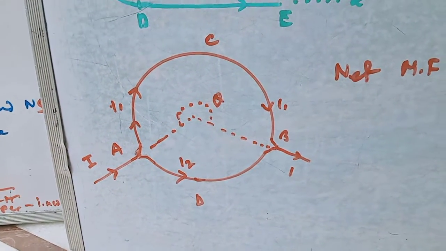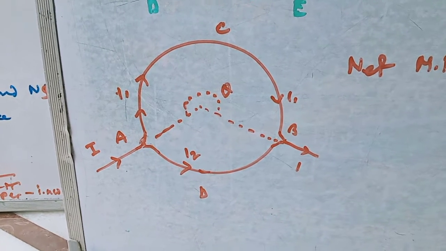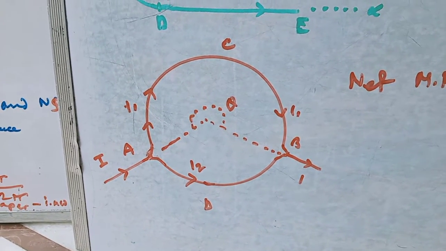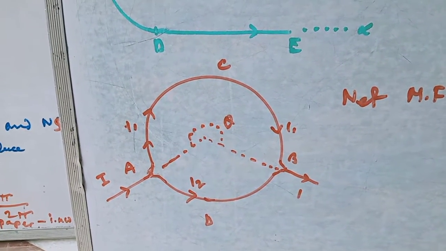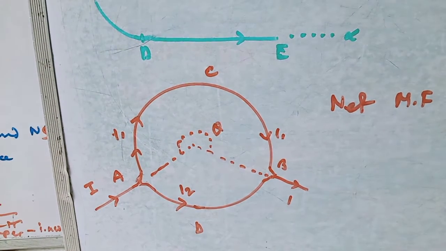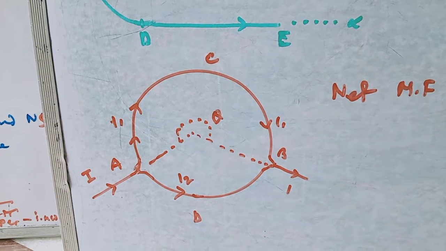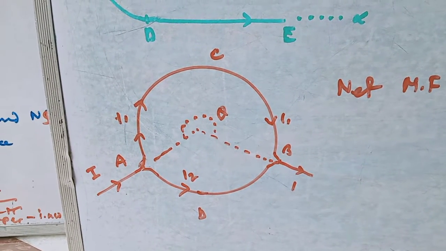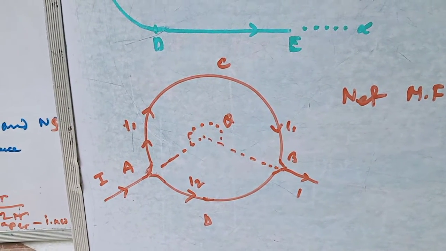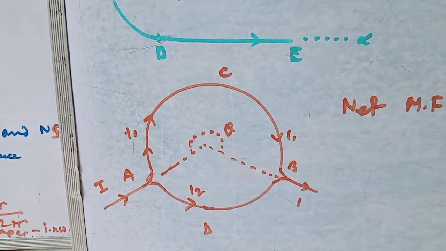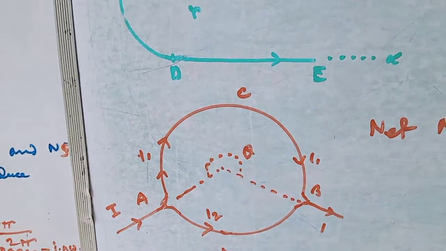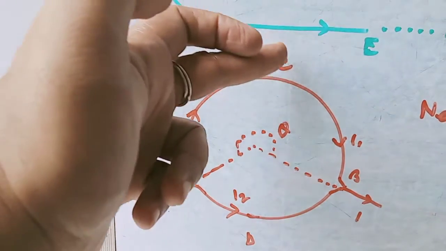Here the net magnetic field at the center will be 0 because both arcs will produce equal magnetic field strength in opposite directions, so they will cancel each other's effect. But here theta is not equal to 180 degree, so we have to calculate the net magnetic field at O. See, this is the path of the current.